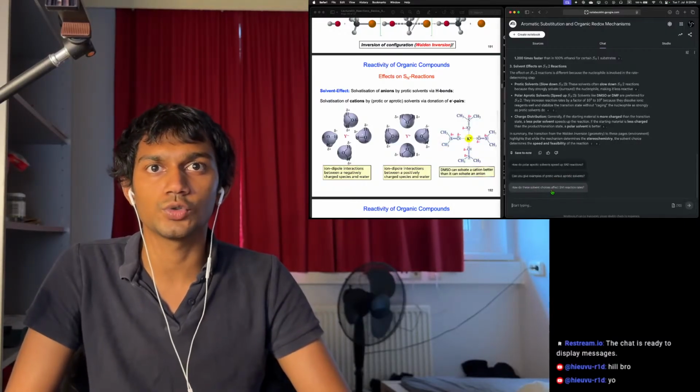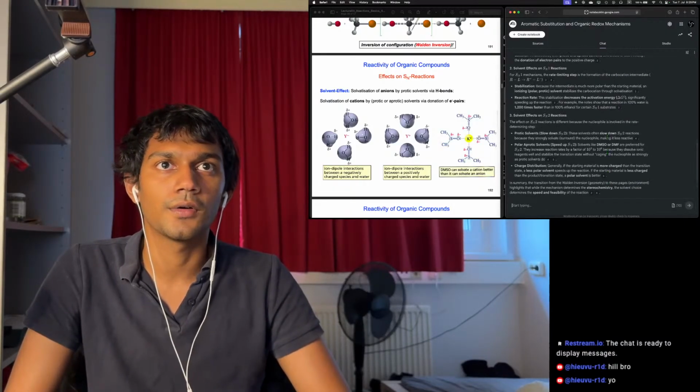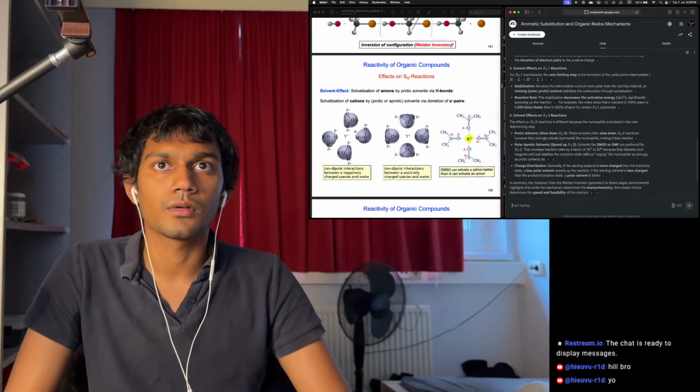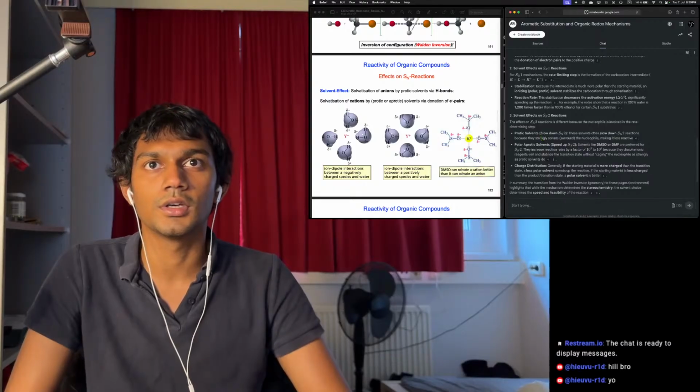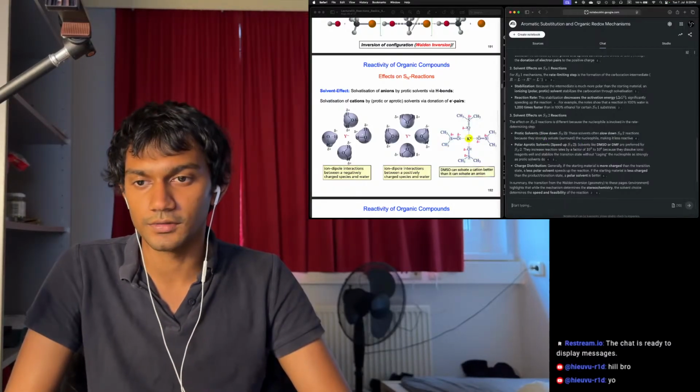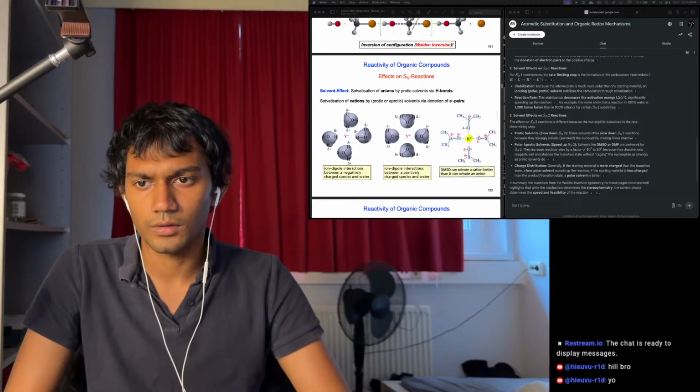How do these solvent choices affect SN1 reaction? Protic solvents slow down SN2. These solvents often slow down SN2 reaction because they strongly solvate the nucleophile, making it less reactive.